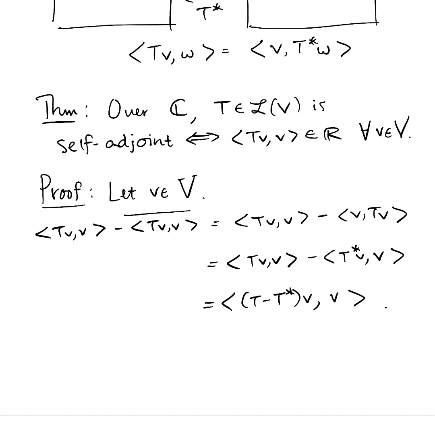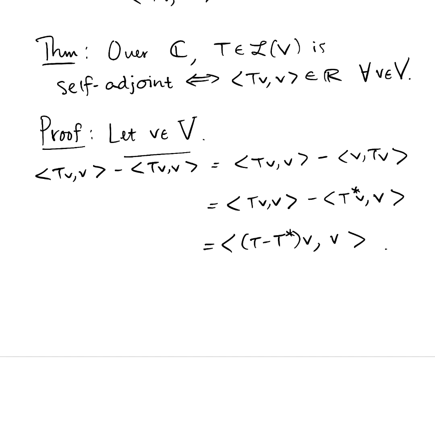The question is, what kind of mileage can we get out of this fact? So let's go in the forward direction first. Let's suppose T is self-adjoint. In other words, T equals T star. Well, look at that big display that we just wrote down, that string of equal signs. If T equals T star, look right here. That's 0 if T equals T star.